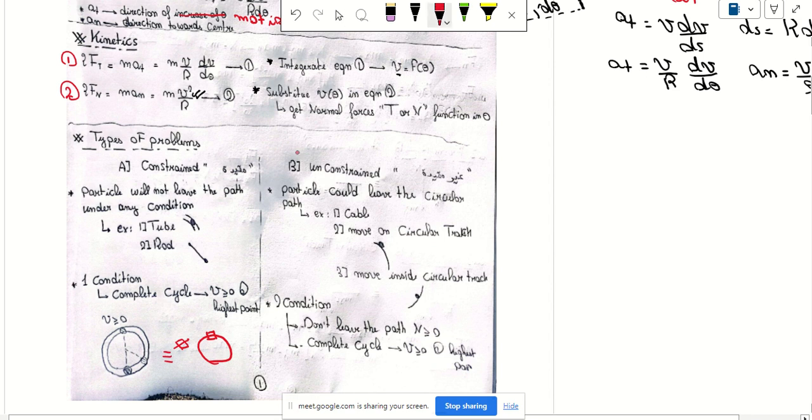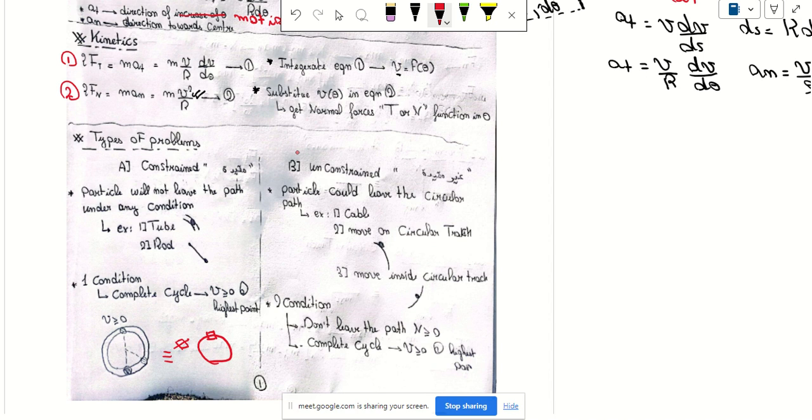Why are we saying that we have two types, the first one constrained and the second one unconstrained, and we now know the constrained one? Why are we studying this one? We are studying this because in the problem they will say find the minimum velocity, or the minimum initial velocity, that you need to give to the particle in order to complete a whole cycle.